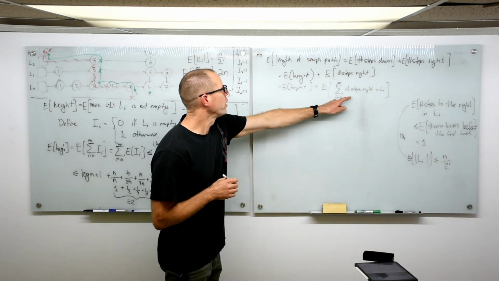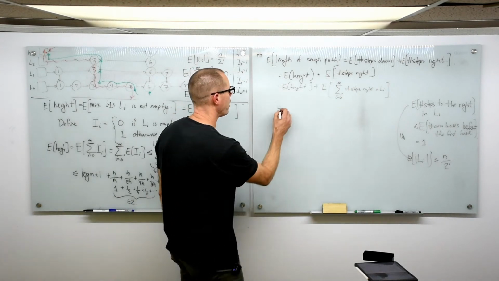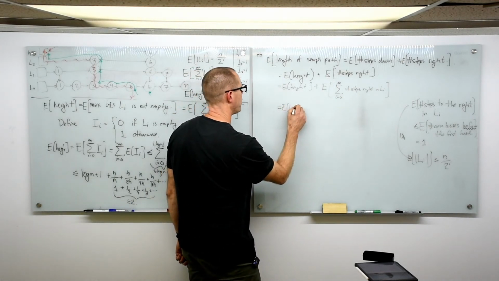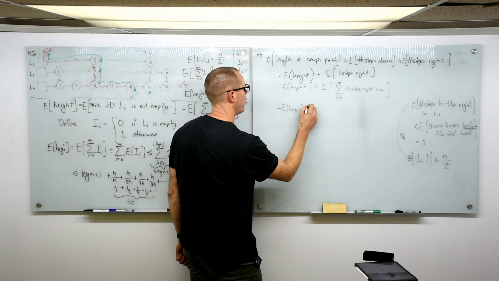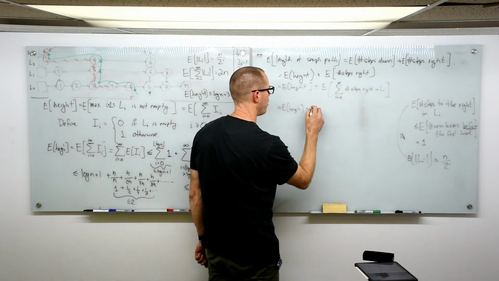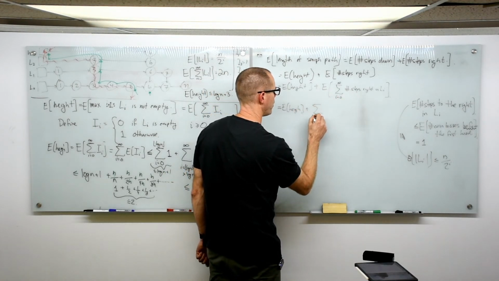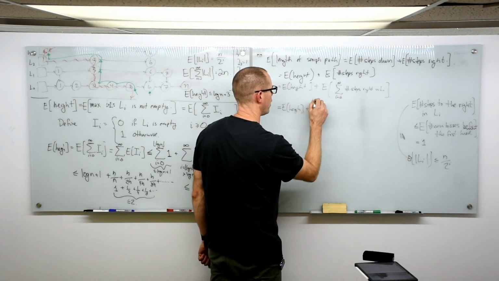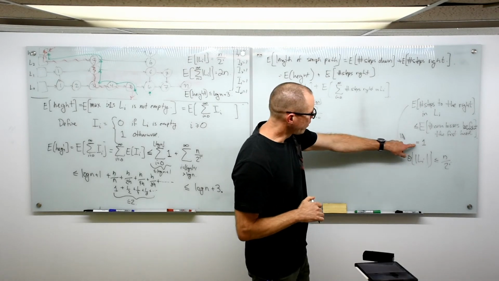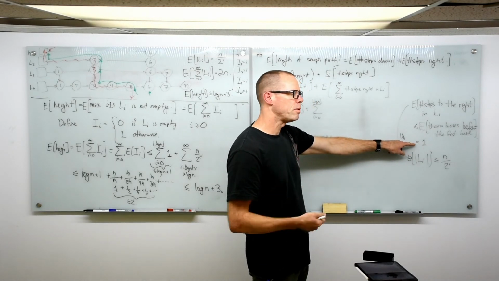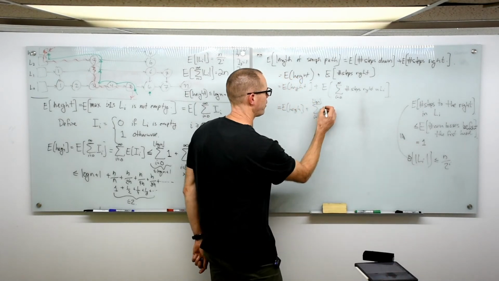So for this, we're going to do exactly the same trick again. You get expected height plus 2 sums. One of them counts from 0 to log n. For that one, we use the fact that the expected number of steps you take in Li is at most 1.